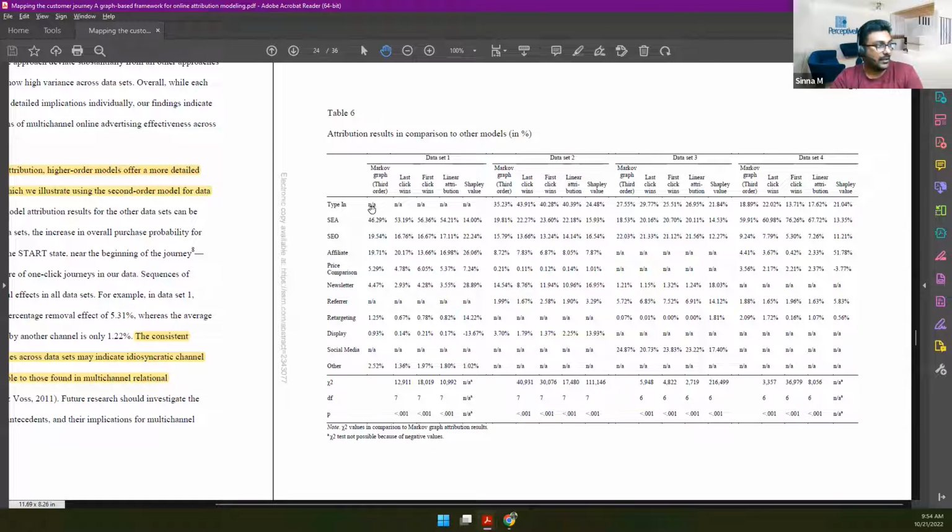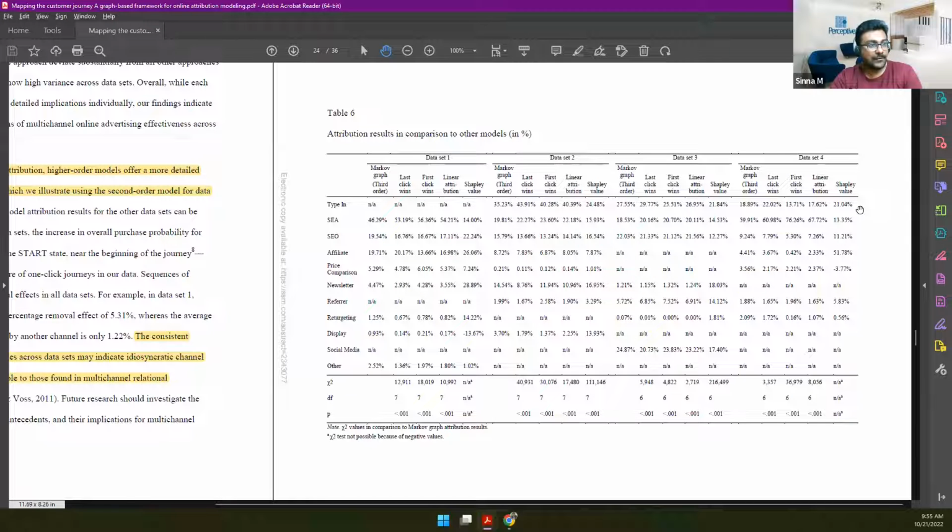So if you see here, it is almost the first or the second step that gets the highest attribution, almost. So here it is 46, 53, 56, 54, right? So here you see, SE is the second step, and this is the first step here, 40, and here it is split across the 2 in this data set, in fact across the 3, right? And here it is across the first 2.